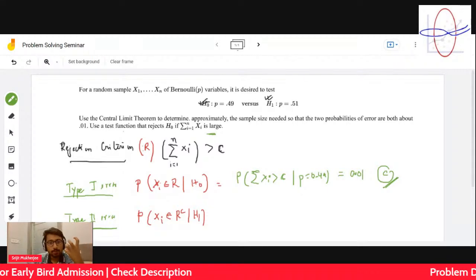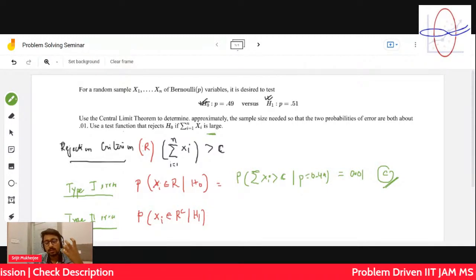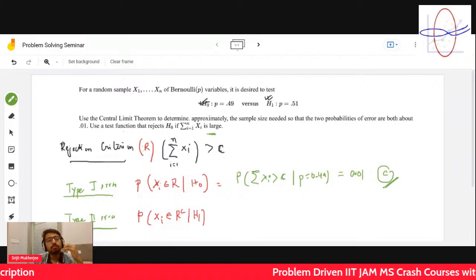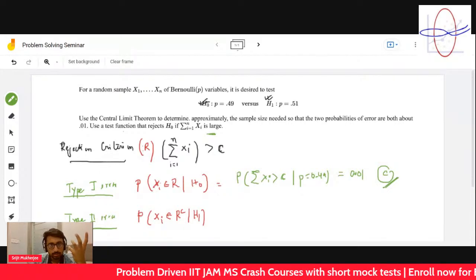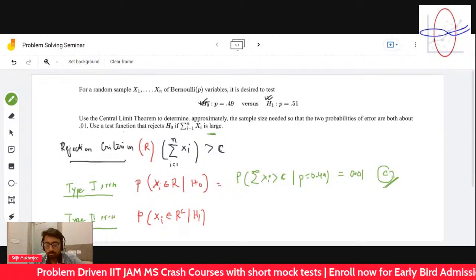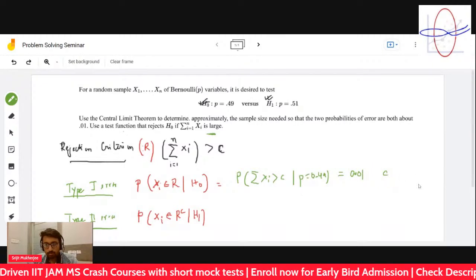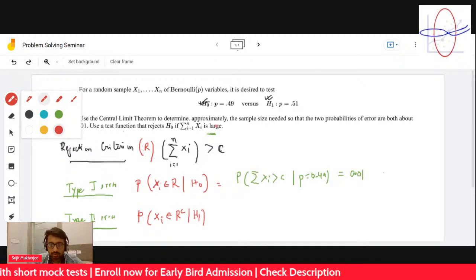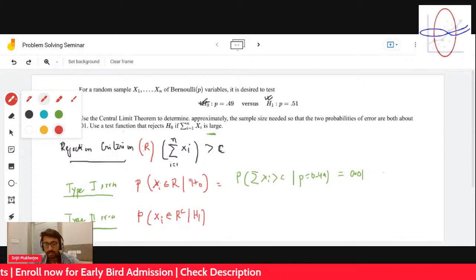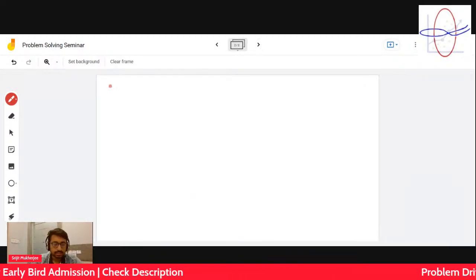We need to approximate it by the central limit theorem into a normal, and then we will calculate that probability. That's the idea, and we will get the C from here. Once we get the C, it will be easier to find the R. So let's find out the C first.